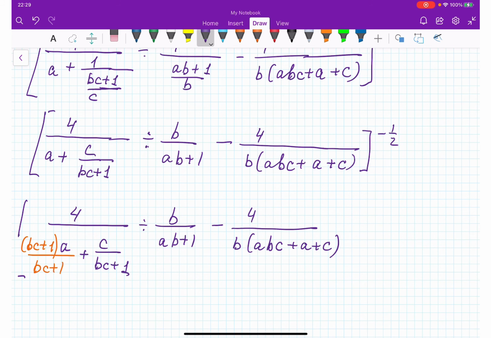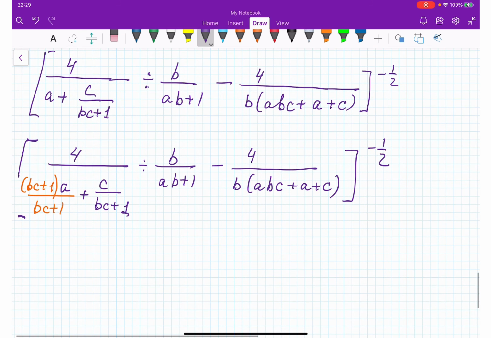All right, and all this, it doesn't take a square bracket, that's okay, you understand that's a square bracket. And here we are getting finally 4 over BC plus 1, and in the numerator it's going to be ABC plus A plus C, right?